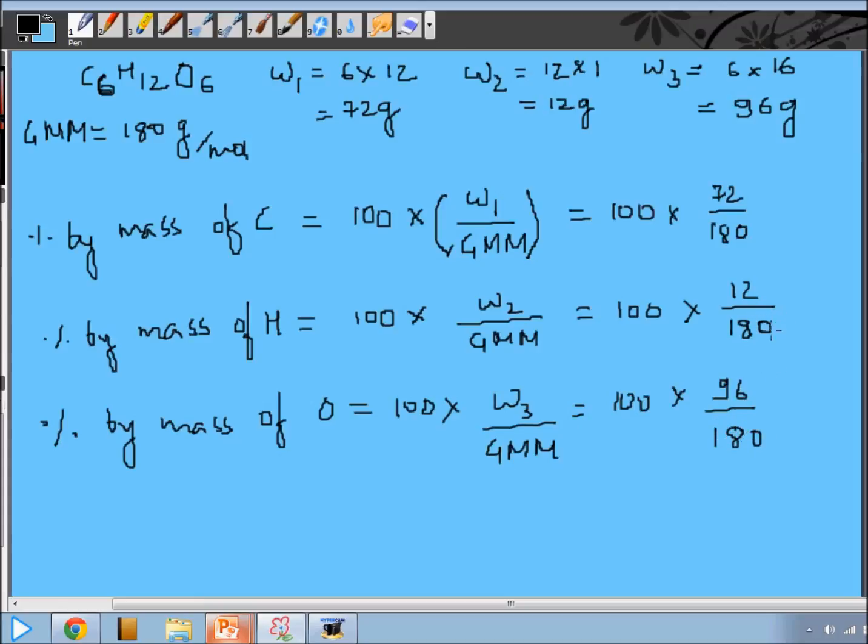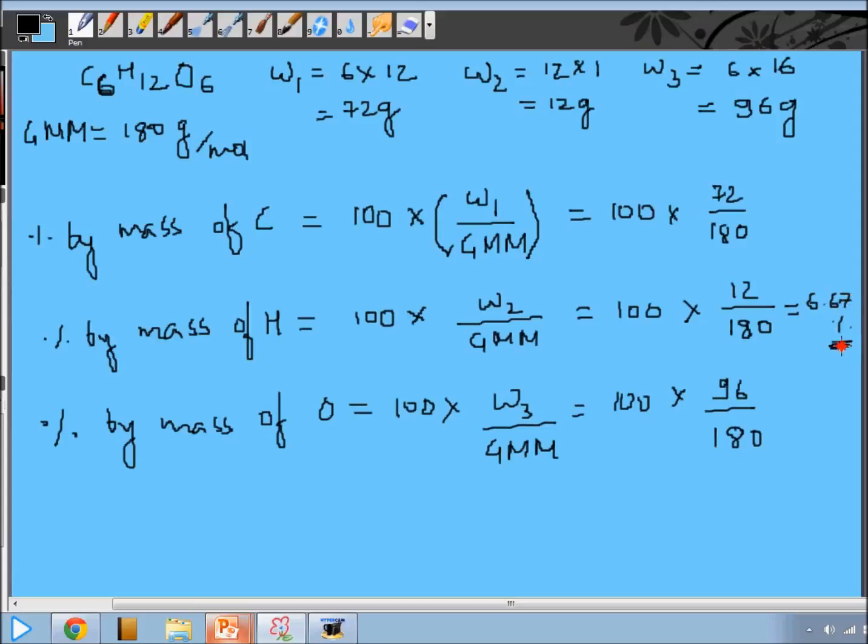And you can solve this for fractions and calculate your final answer. Alright, what will be the final answer? Let's say if you want to calculate for hydrogen, those calculations are relatively simpler. Let's calculate for hydrogen. So 12 by 180 into 100, this will come out to be around 6.67, okay, after rounding up, 6.67 percentage.